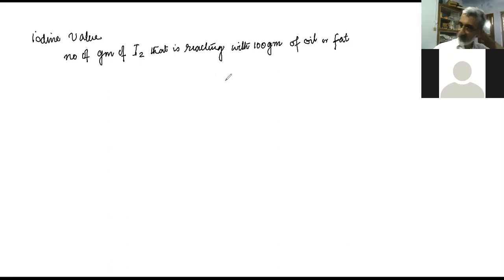So what is that reaction? How does the oil and fat react with iodine? Your oil definitely contains double bonds. In basic organic chemistry, we have studied the addition reaction.